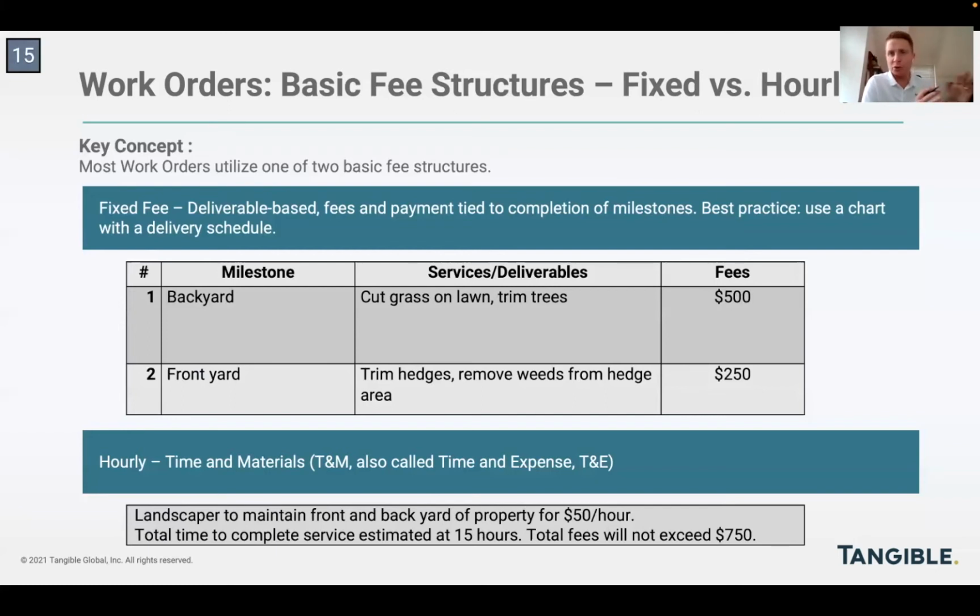We won't go too far down that rabbit hole in this presentation, but the point that we need to drive home here is that it needs to be clearly established which model you're going for. If it's fixed fee, it needs to be structured very closely with defined milestones. And if it's hourly, make sure to include that not-to-exceed cap.